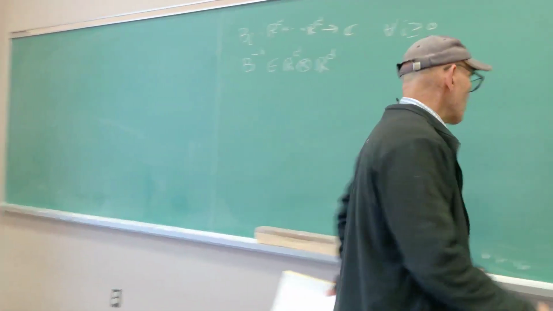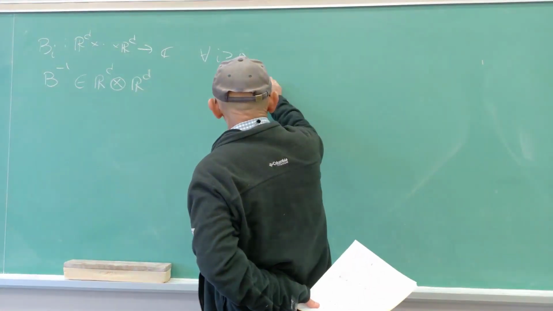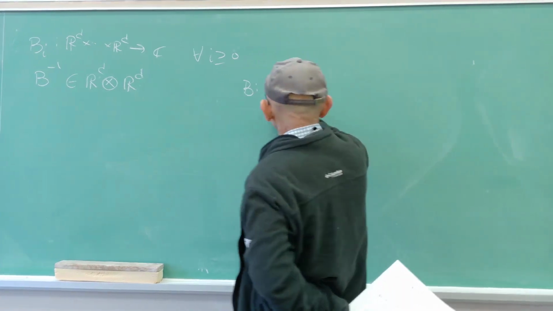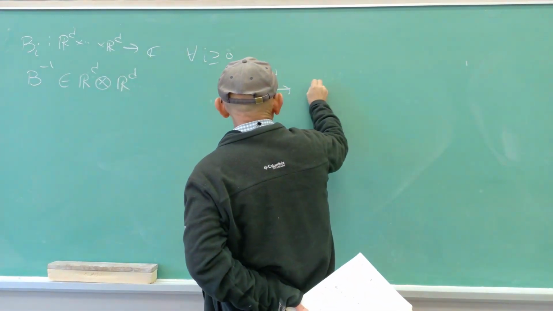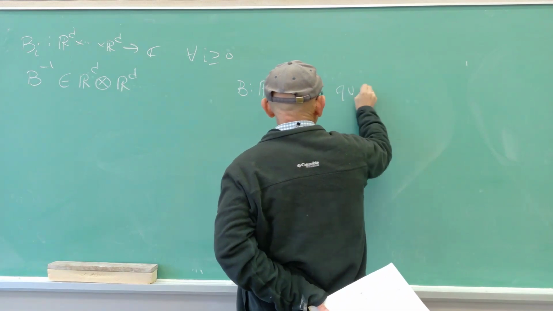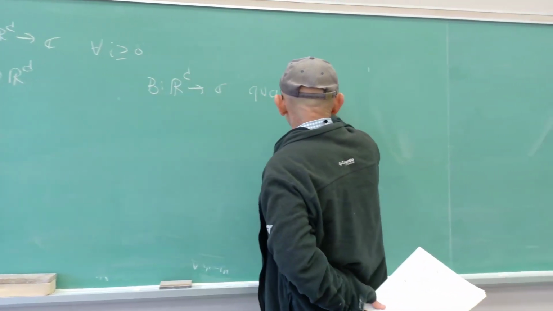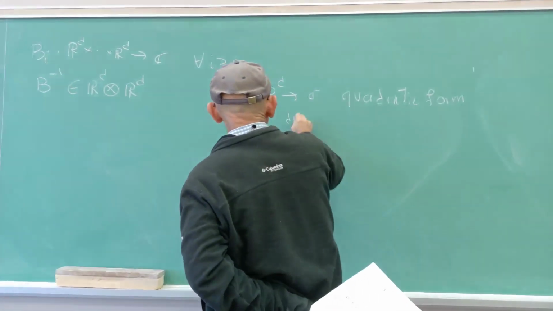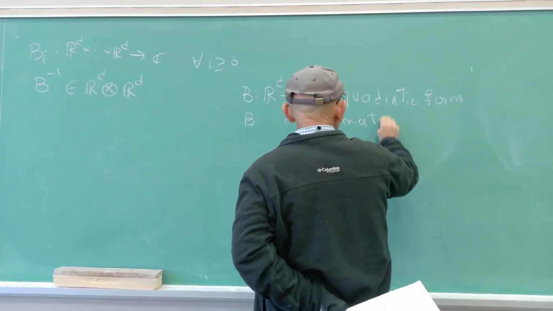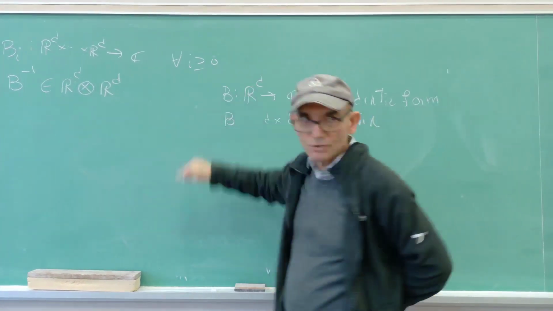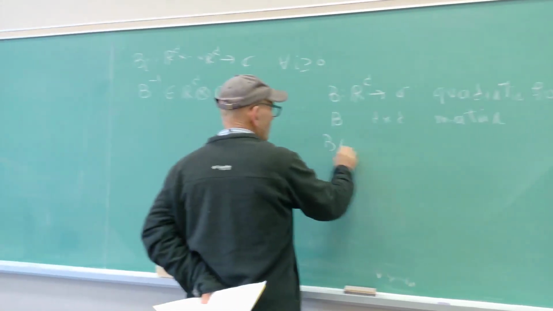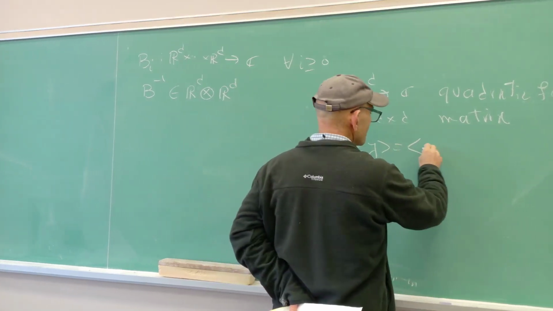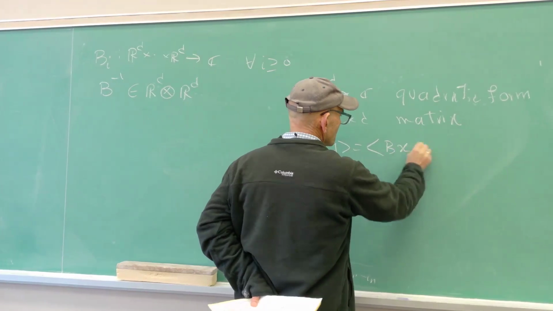Remember, B is a quadratic function. We have different forms of this B. It's a quadratic function from R^D to C, the quadratic form. We also saw B as a D by D matrix. The connection was that B(x, y) was the inner product of Bx and y.